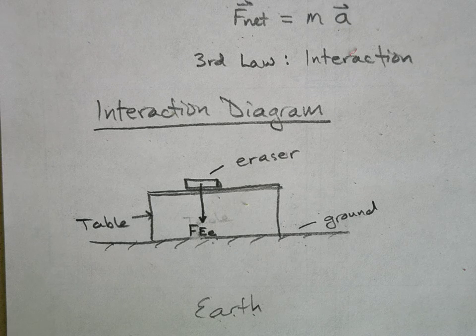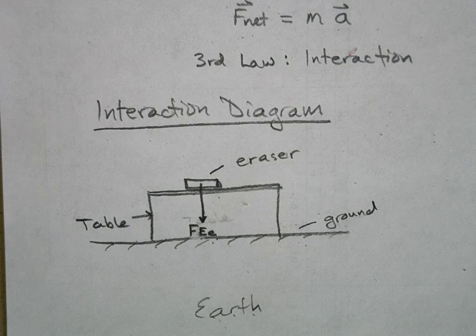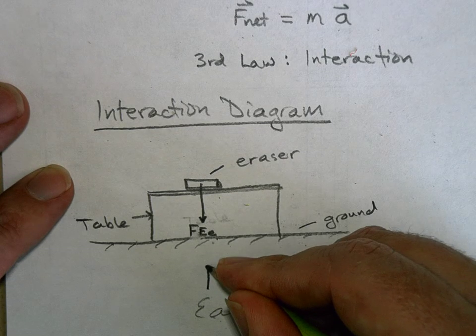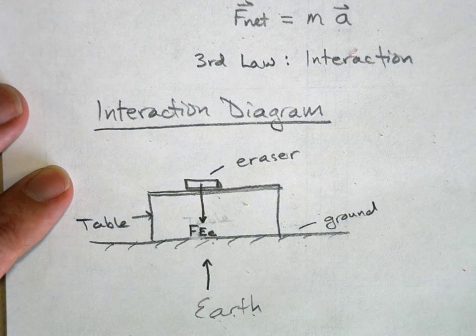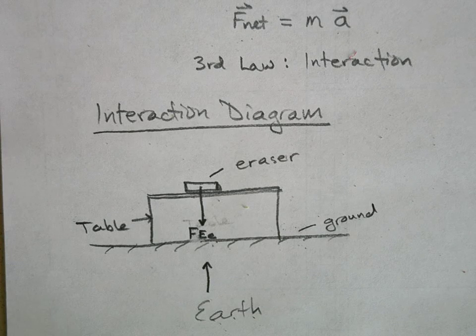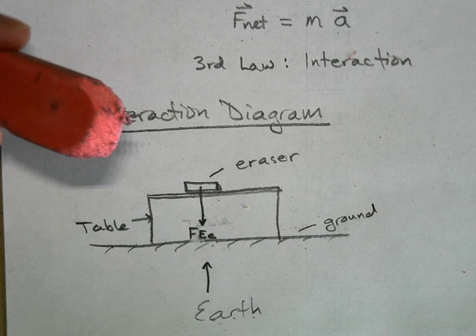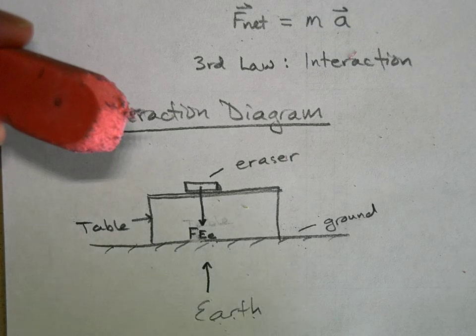Now, here's something you might not realize, because we don't notice it. The eraser applies an equal and opposite force to the earth. This eraser is actually pulling the earth up towards it. So how come we don't see the earth just slamming up towards the eraser?